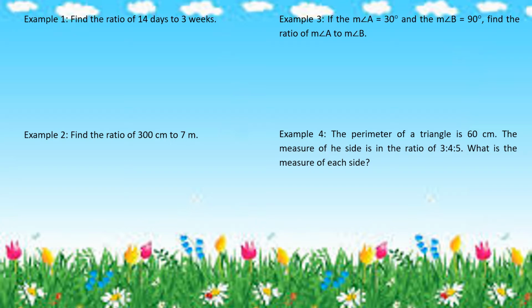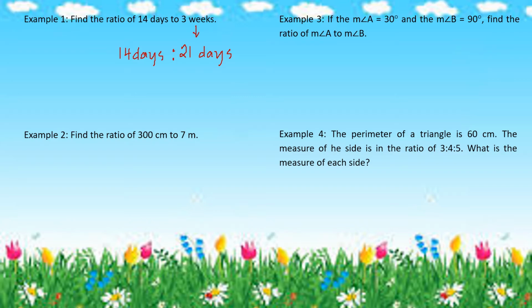In order to express 14 days to 3 weeks in ratio, we must first convert one of them. Let's say we convert 3 weeks into days. Since there are 7 days in a week, in 3 weeks there are 21 days. So the ratio now becomes 14 days to 21 days.